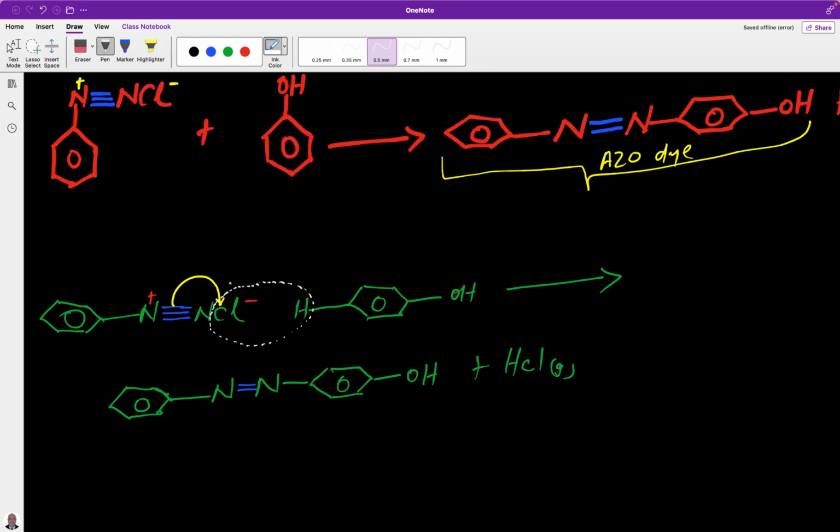So I'm saying that the azo dye is a colored compound formed on the addition of phenol to a solution containing a diazonium salt.